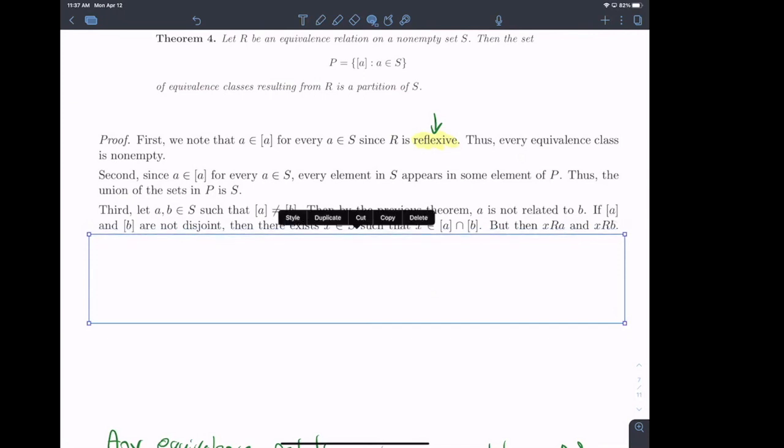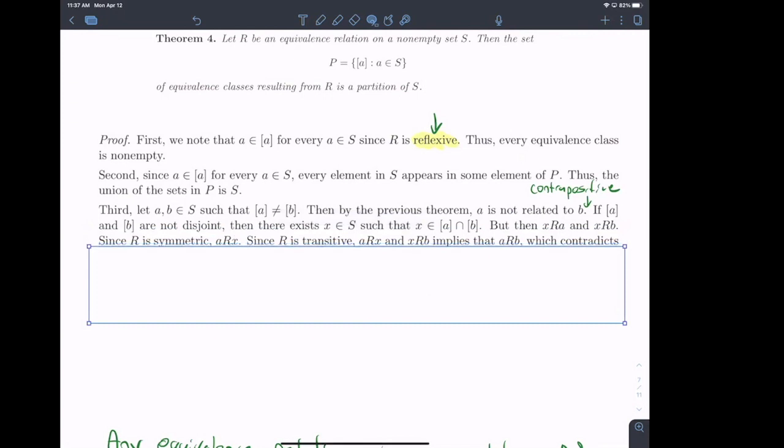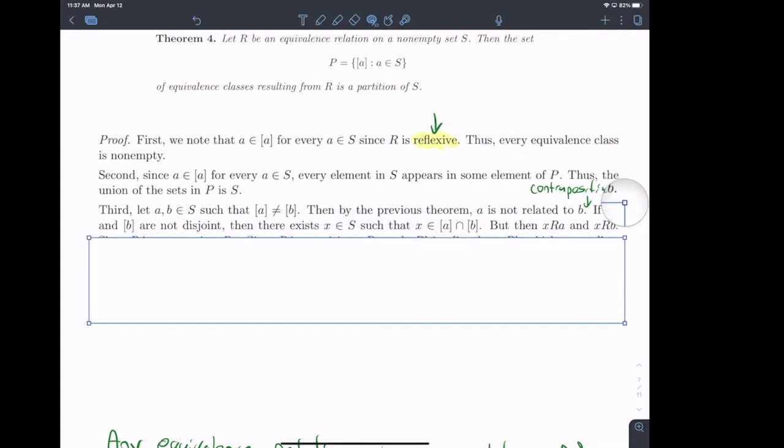So here, this third part, we're kind of proving by contradiction in some sense, right? So if we assume the opposite, that they do share something in common, then what we see is there would be some element in the set which is in both of those equivalence classes.